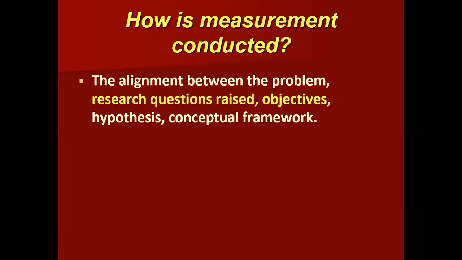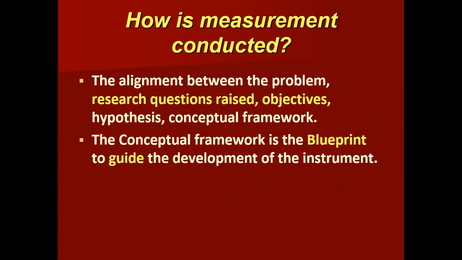Now, the alignment between the problem, research question, objective, hypothesis, and conceptual framework helps the researcher to develop the instrument. The conceptual framework is the blueprint to guide the development of the instrument. And every aspect that we have talked about, all the theoretical issues that we have mentioned, the conceptual clarification, are all resources used to develop the conceptual framework, which is now referred to as the blueprint to guide the development of the instrument.